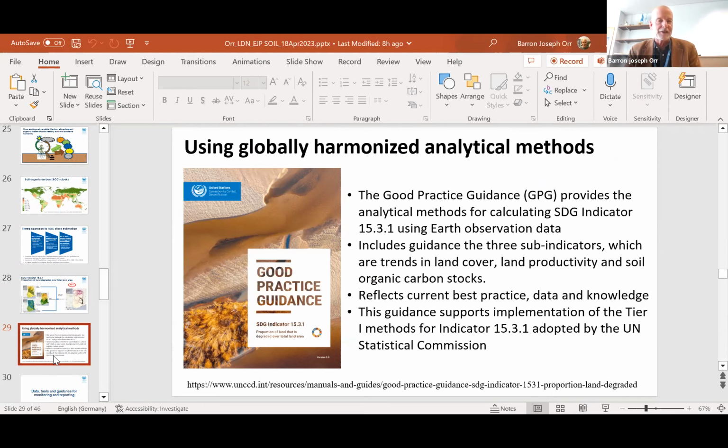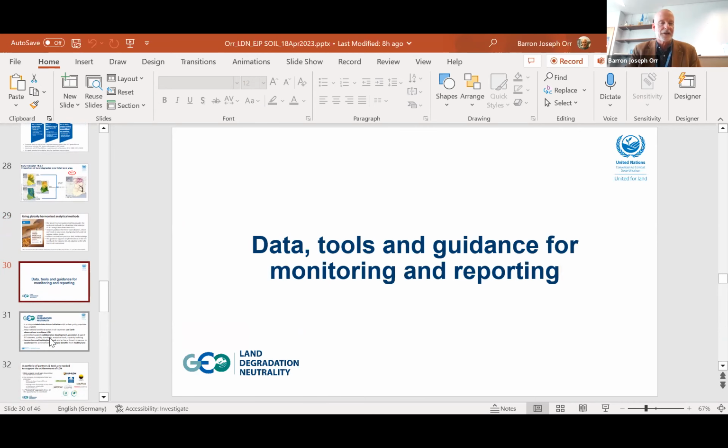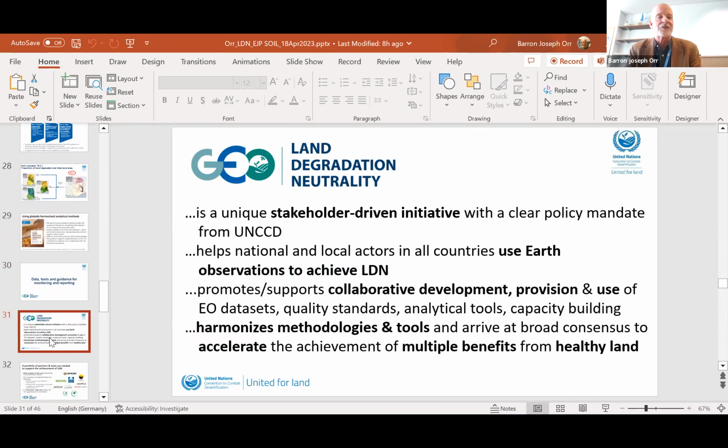So the last part of the chat has to do with data, tools, and guidance for monitoring and reporting. And if what you're doing is not already part of the Group on Earth Observations, it should be, because this is the intergovernmental and interorganizational mechanism that allows all data providers to contribute, all analytical tool developers to contribute in an interoperable way so that everybody can play and everyone gains in terms of the countries that would take advantage of the information that you're producing.